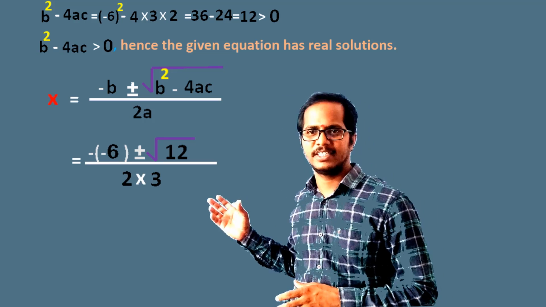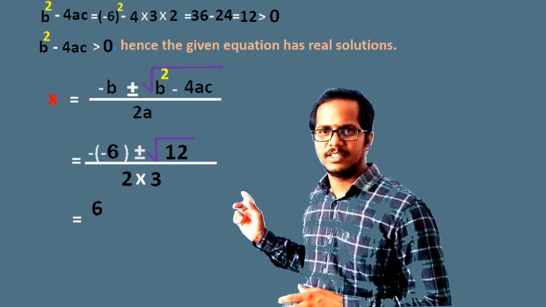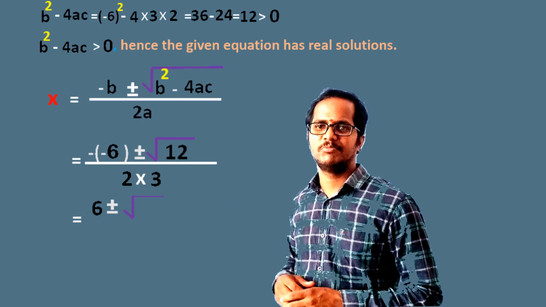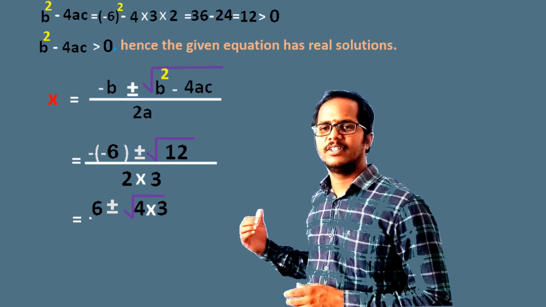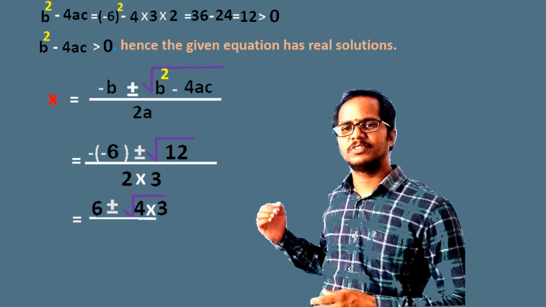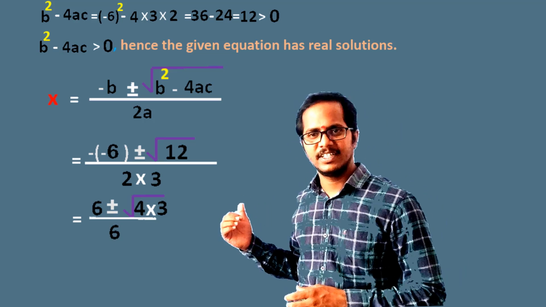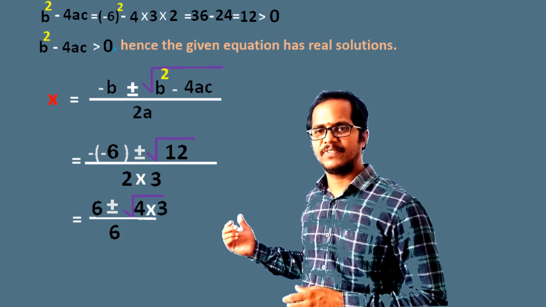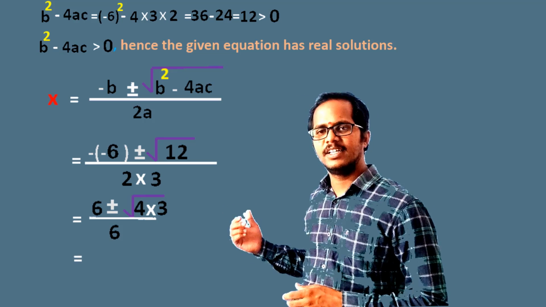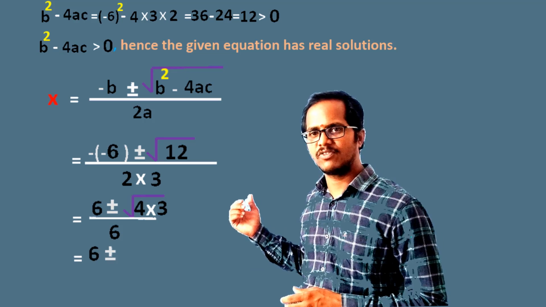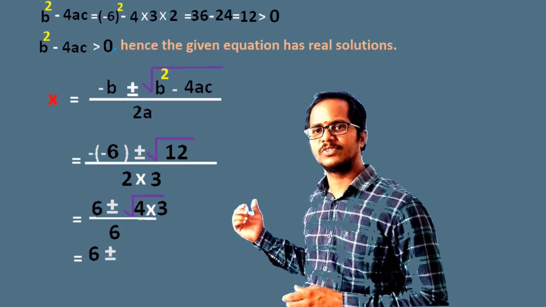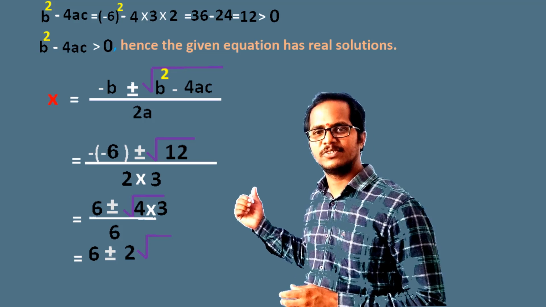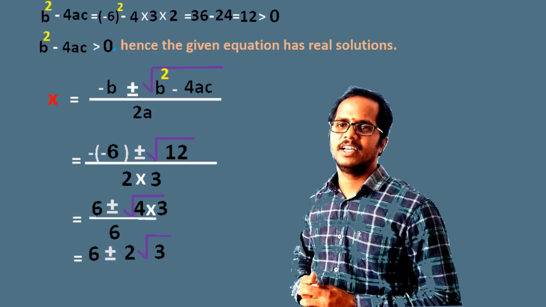and you can write minus into minus 6 as 6 plus or minus square root 12, which can be written as square root of 4 into 3, by 2 3s are 6, by 6. So now we have 6 plus or minus under root 4 into 3 by 6. Now again, by simplifying this we get 6 plus or minus, here the square root of 4 value is 2, so we can write 2 into, we have 3 inside the root, so we write root 3, 2 into root 3 by 6.